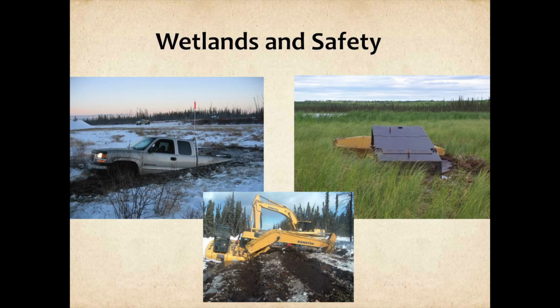The picture on the right, within about 5 years ago, north of The Pas, Manitoba, a man went through a winter road with his feller buncher, and it fell on the door side. There was no escape hatch, and the individual drowned. So, I argue again that if there's some understanding of the wetland systems, we have an opportunity to reduce these kinds of things and improve our safety.